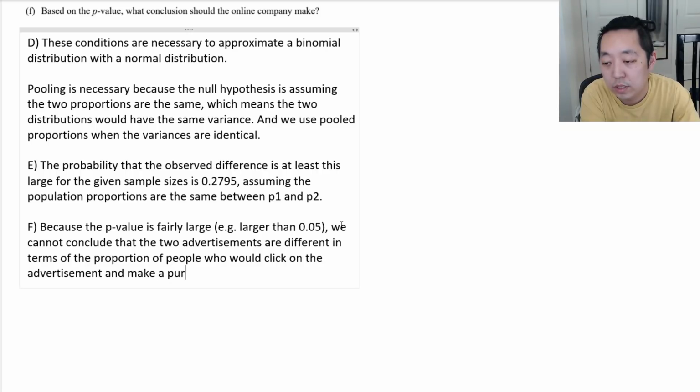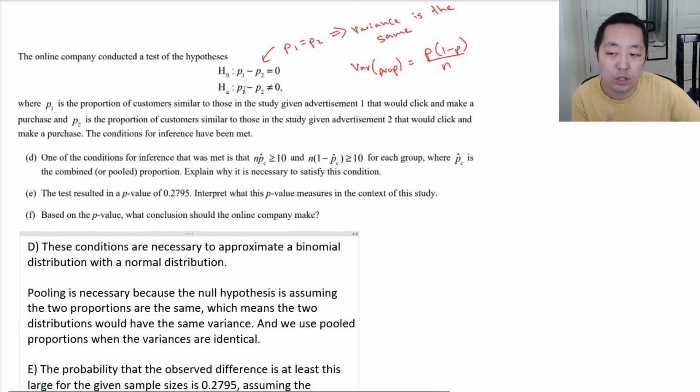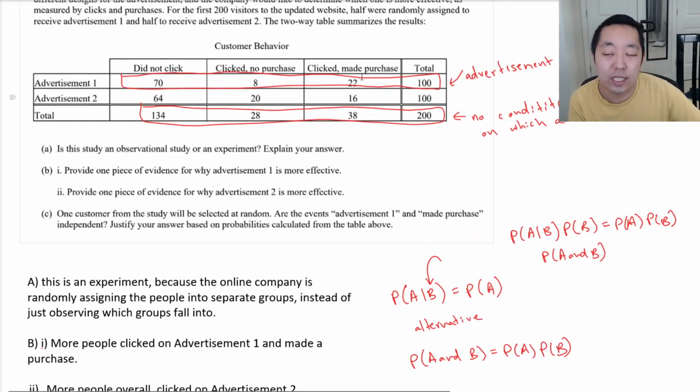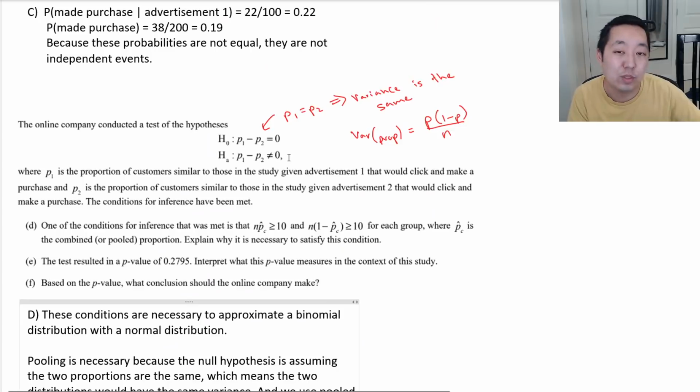and make a purchase. The reason I said different, and not higher, is because the alternative was not equal to, as opposed to greater or less than. Now, in our data, we were really seeing that advertisement 1 was higher in terms of click-made purchase, 22 versus 16. But the test we ran was just if they're different, not if one was greater.